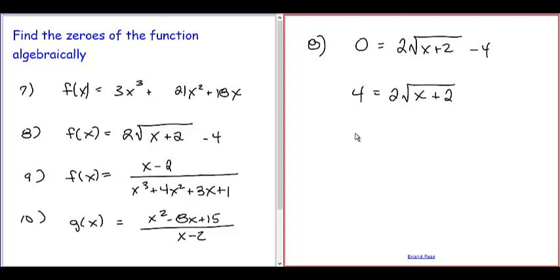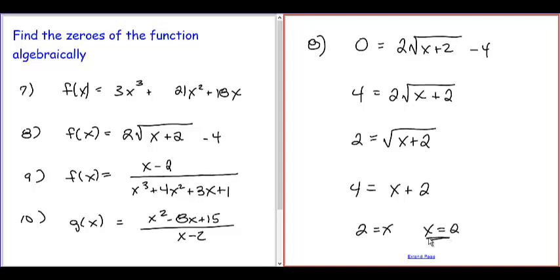Divide both sides by 2. So I get 2 is equal to the square root of x plus 2. And then I would square it to get that. And then I would subtract 2 from both sides. So I get x equals 2.